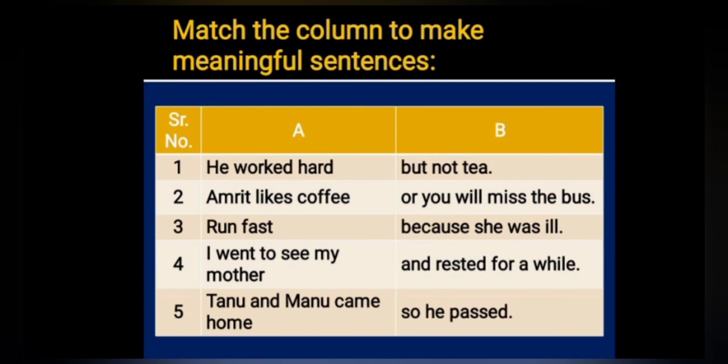Now, phrases, or you can say clauses, under column B are: but not tea. Next is, or you will miss the bus. Next, because she was ill. Next is, and rested for a while. And the last is, so he passed.